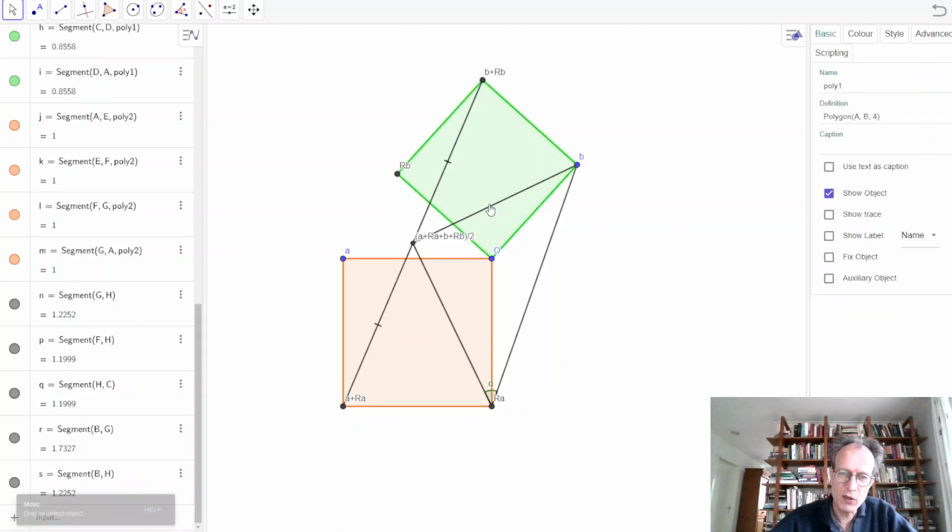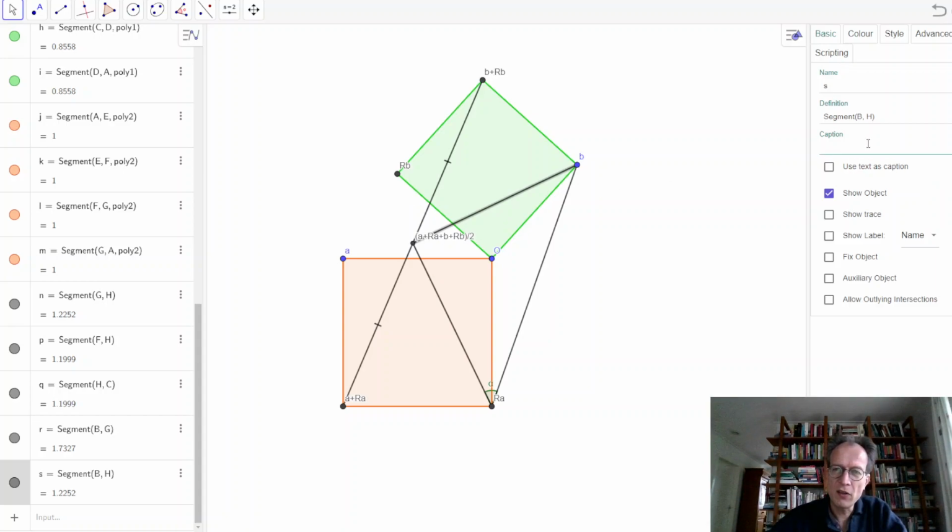So this vector, which starts there and ends there, is this minus that, so we have a half there, so we have A plus RA, and we have half B minus B, so the B gets a minus, plus RB, divided by 2. You can work that out for yourself, but that's that vector.